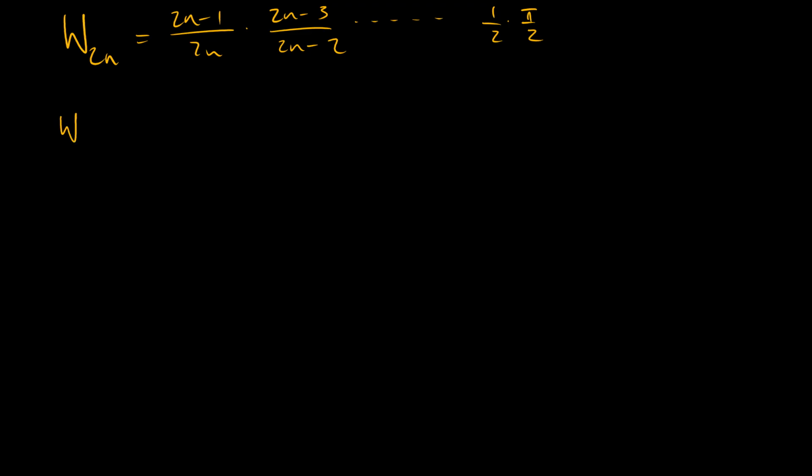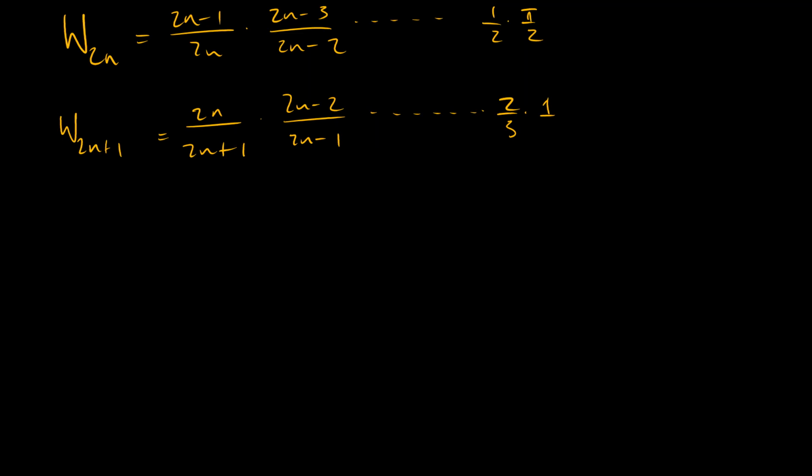And W of 2n plus 1 is the same as 2n over 2n plus 1, times 2n minus 2 over 2n minus 1, all the way up to 2 over 3 times 1.